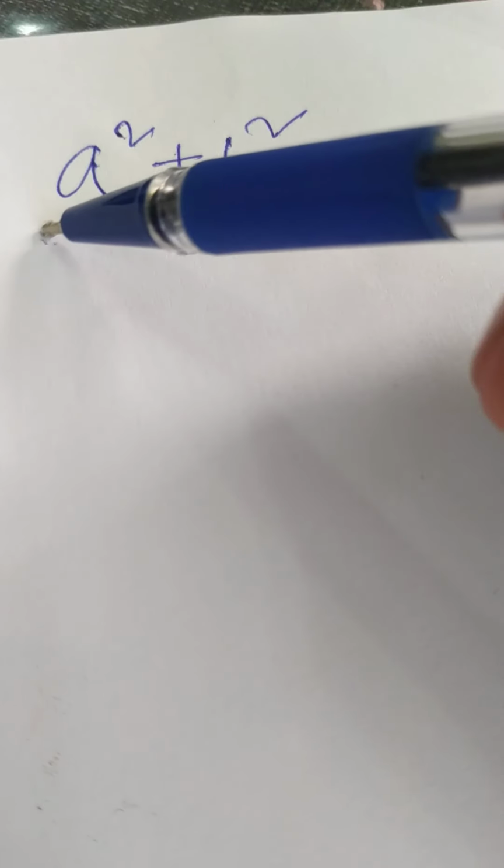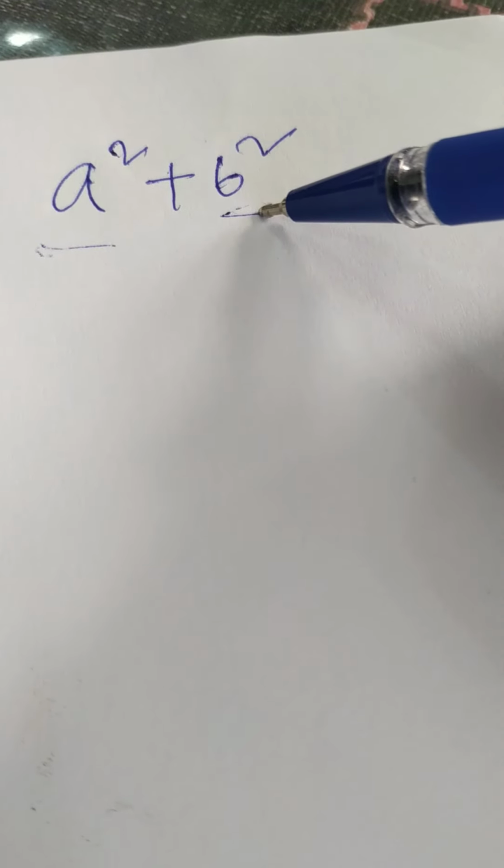Here you can see there are two different algebraic terms. This is 1, this is 2. I said in my previous class as well, if there is a plus in between two algebraic terms, these are known to be polynomial.